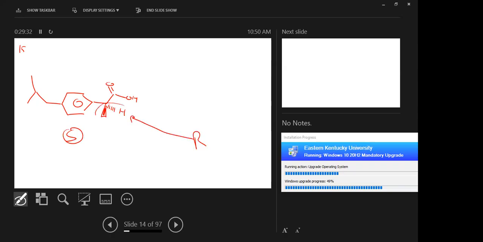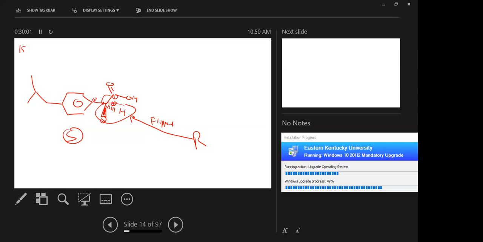And the R is just going to have this flipped. These two groups will be flipped for the R, where the hydrogen will be solid and then the methyl group will be going behind. That's all you're going to do for the R. This would be designated 1, 2, 3, and that's how you get the S right here.